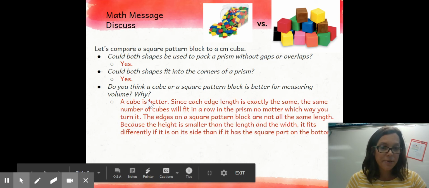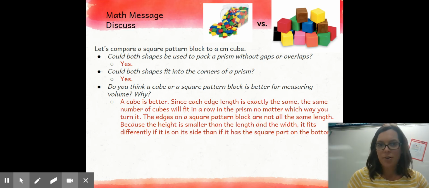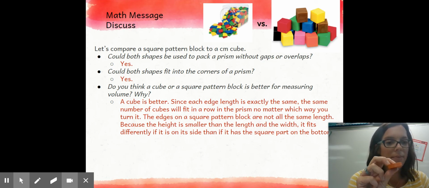A cube is better. Since each edge length is exactly the same, the same number of cubes will fit in a row in the prism no matter which way you turn it. The edges on a square pattern block are not all the same length. Because the height is smaller than the length and the width, it fits differently if it's on its side rather than if it has the square part on the bottom.